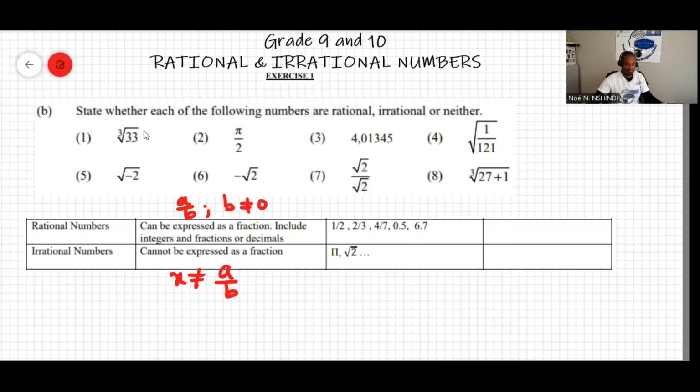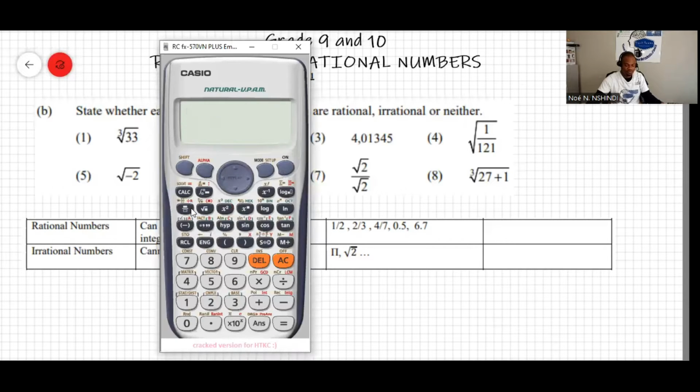Now let's see. Cube root of 33. Usually these are those roots that we cannot simplify, that we cannot write in this form. Square roots or cube roots of prime numbers cannot be written in this form, so this is an irrational number. You can check in the calculator. To get cube roots, you press shift and then this square root symbol.